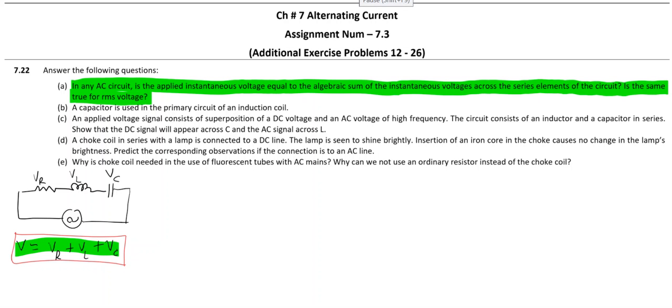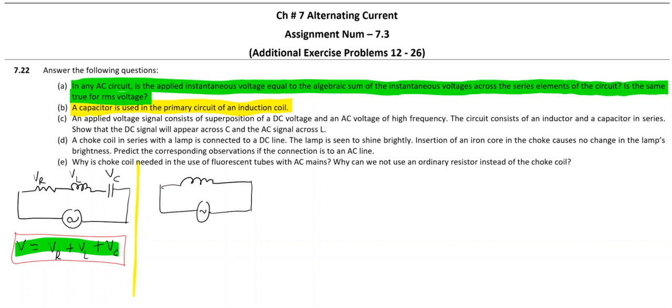Moving to second question, B. A capacitor is used in primary circuit of induction coil. Why? In any inductor circuit, whenever we switch on or switch off the power, large back EMF is induced.